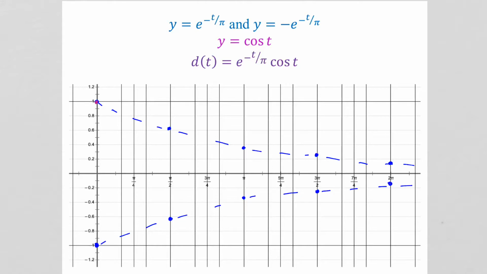So we've got 0, 1, pi over 2, 0, pi, negative 1, 3 pi over 2, 0, and 2 pi, 1. So it looks like this. Okay, so we're taking these two and we're combining them together to get the last function.